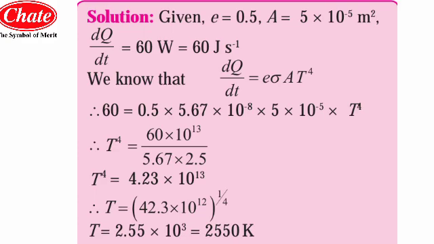Now simply you have to put the values in that formula. So the power radiated, that is dQ by dt, is 60. After that, the value of emissivity they have given is 0.5. Then the value of the Stefan-Boltzmann constant is 5.67 into 10 to the power of minus 8.